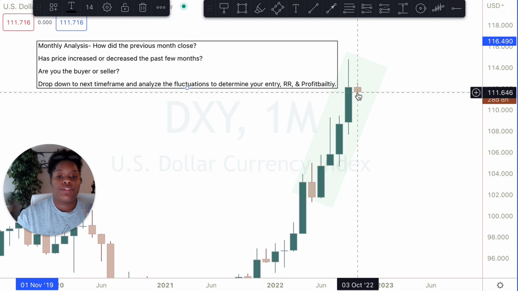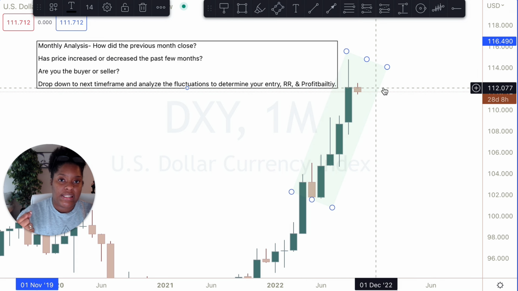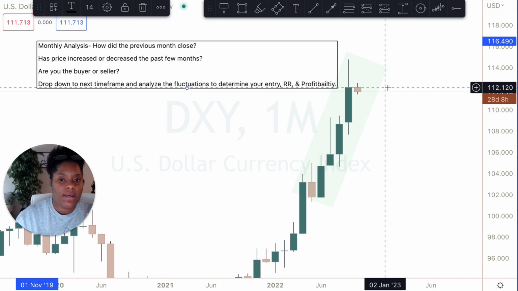As I'm noticing this, I'm also going to ask myself, will October be a bullish month? And if October is a bullish month, how would that look? This is where the analysis part comes into play, but not on this time frame, because I don't have any fluctuations or a place where I would want to put my estimations on.